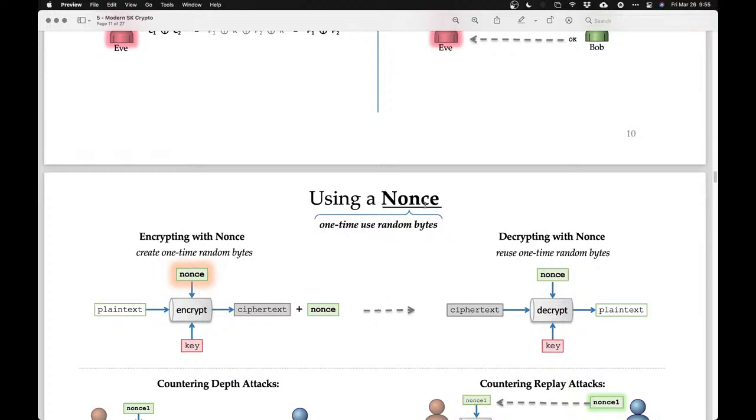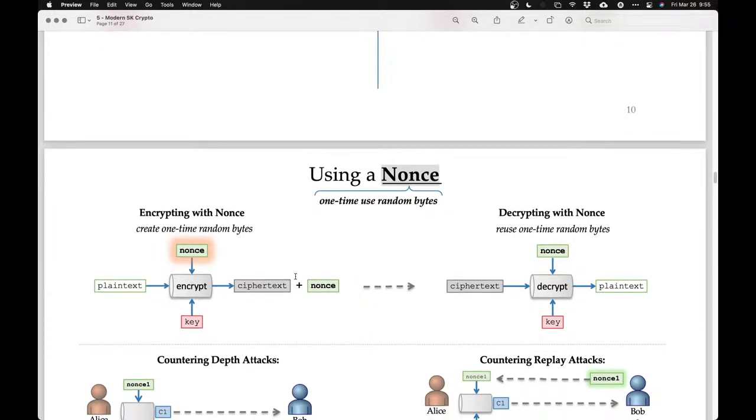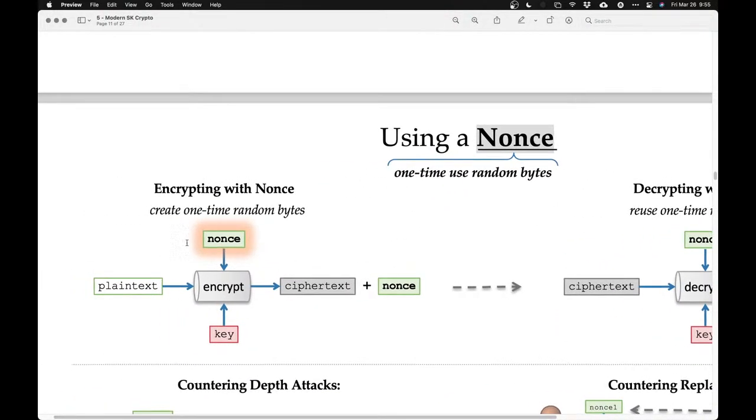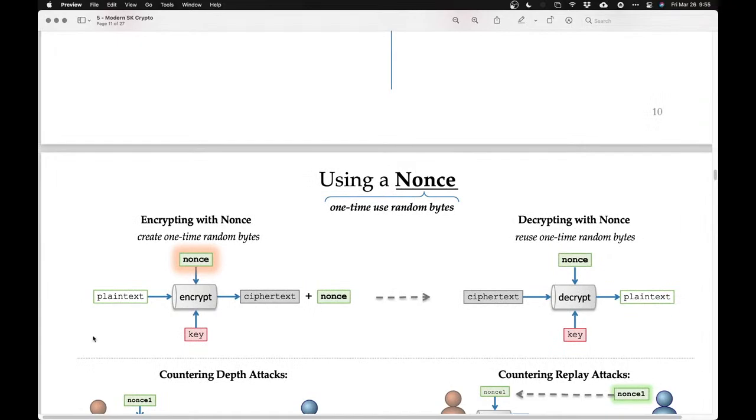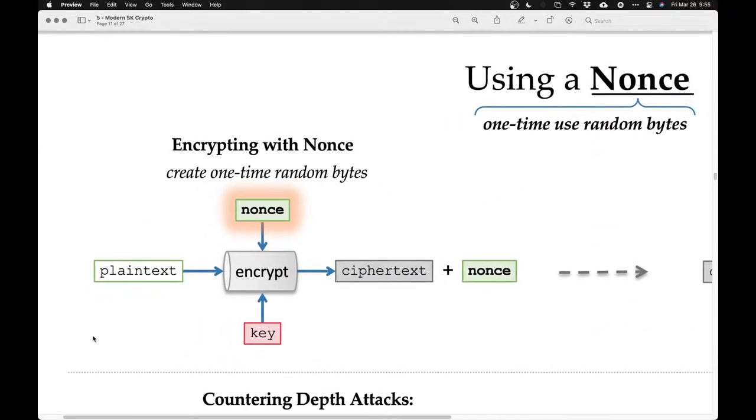Introducing the nonce. All right? A nonce is a one-time set of random bytes that you use to add extra entropy to your system. So how do you use a nonce? Let me just show you how you use a nonce, and we'll go back to those two attacks I showed you to see how we resolve those attacks with a nonce.